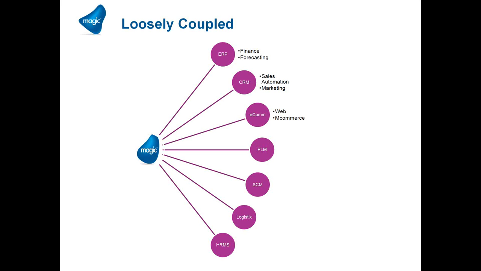So loosely coupled integration means that all of your enterprise systems can interface through an integration paradigm that allows you not to have to write direct platform-to-platform integration, but instead go through some sort of intermediary that is handled by a platform or a bus.